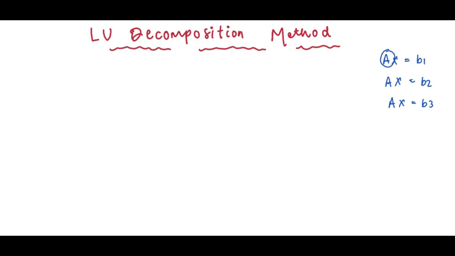Let's understand the need for LU decomposition through a very practical example. Suppose we have the matrix A equal to 2, 1, -1, -3, -1, 2, -2, 1, 2. Now suppose we need to solve Ax = b1 today, Ax = b2 tomorrow, and Ax = b3 next week.